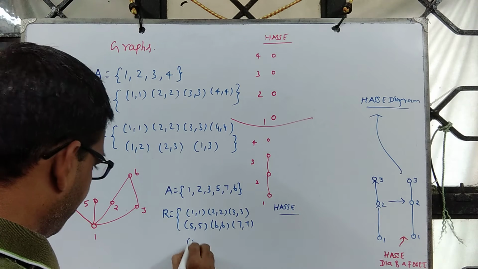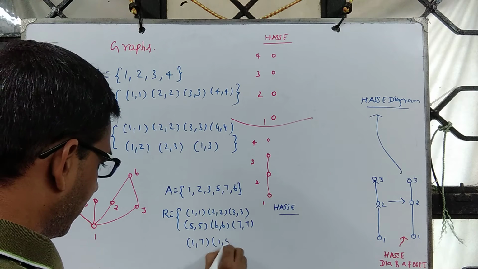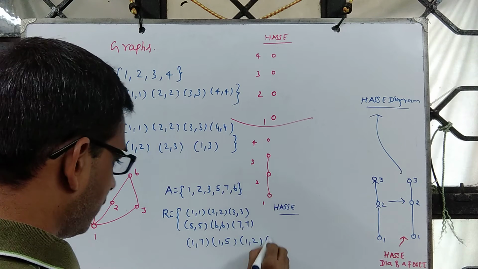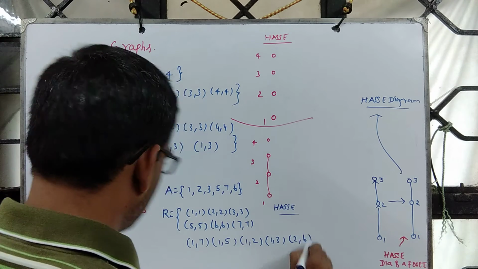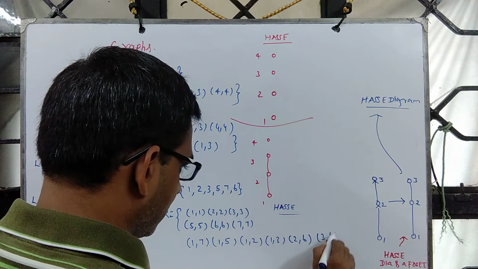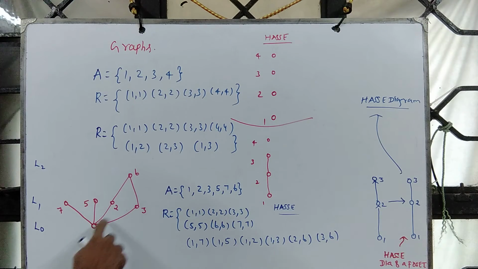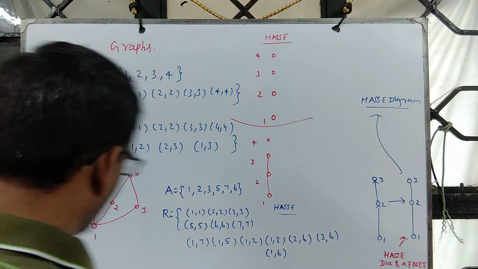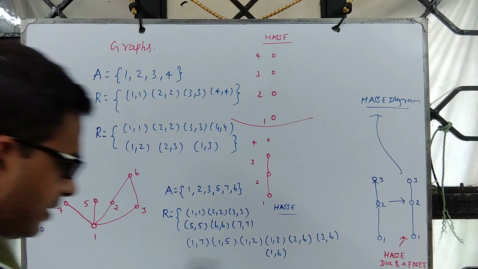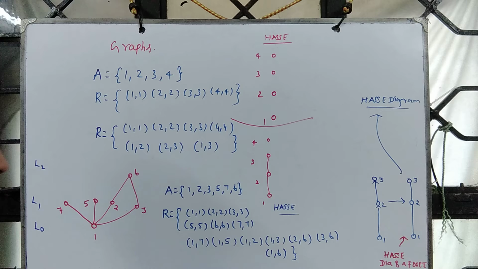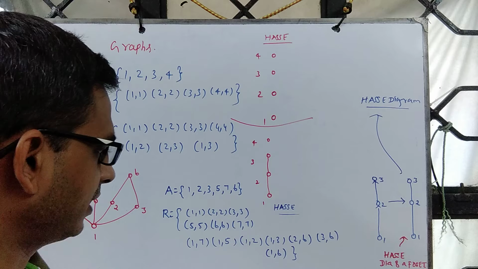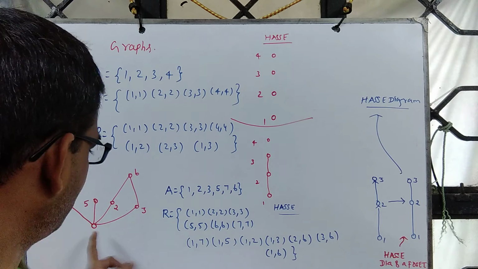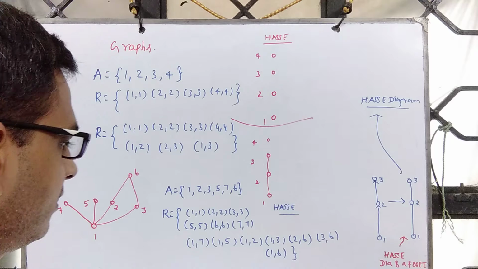Apart from that, we have (1,7), (1,5), (1,2), (1,3), (2,6) and (3,6). And there are implicit transitive arcs: (1,2) and (2,6) give (1,6), and (1,3) and (3,6) again give (1,6). That's all.